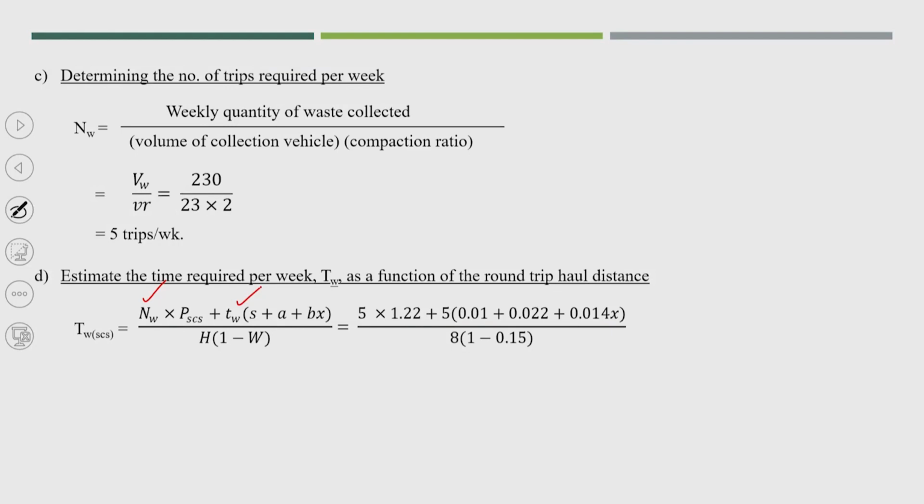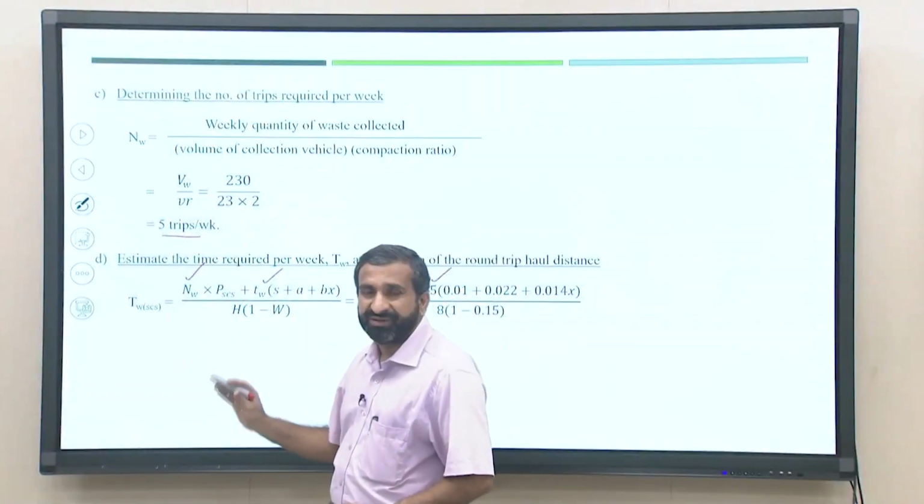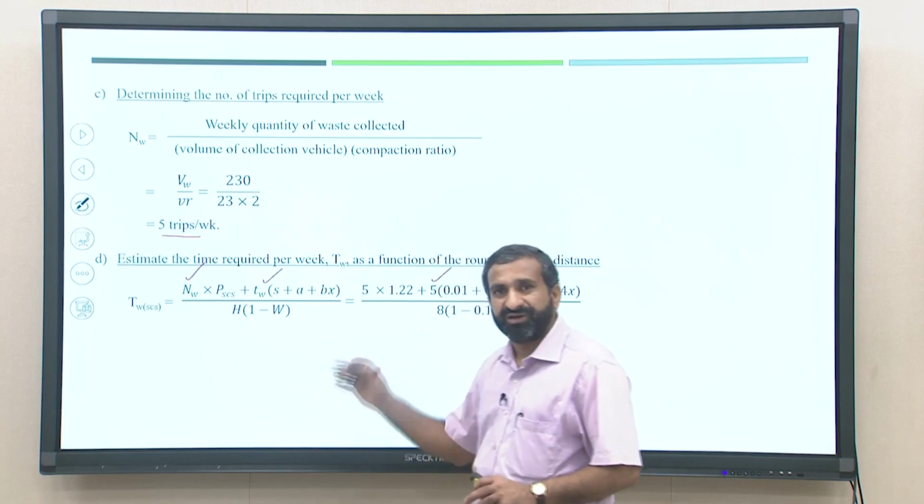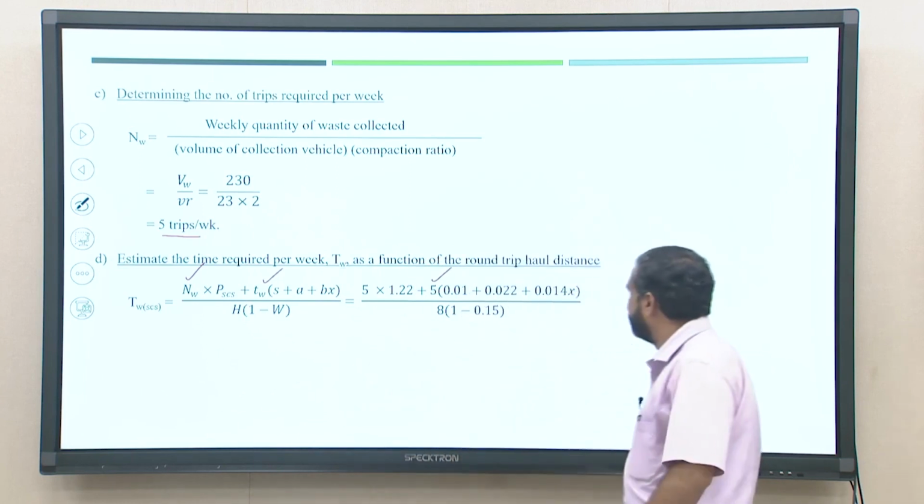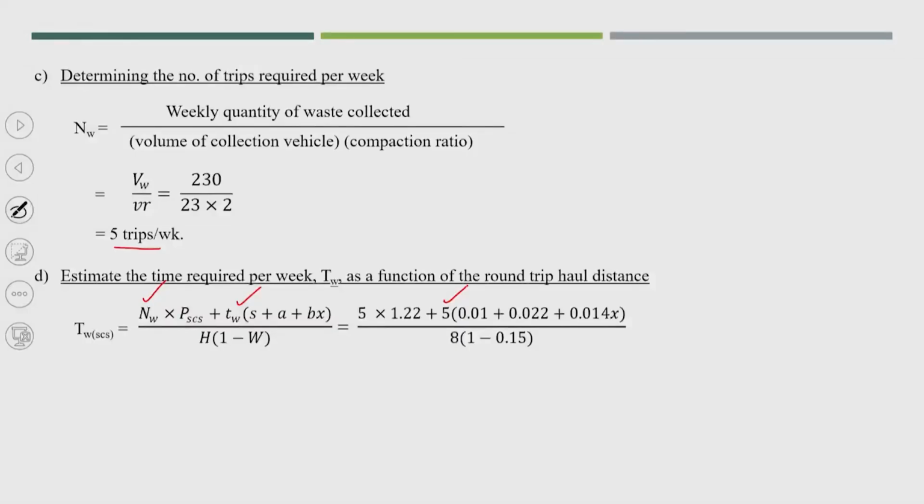Here NW is coming 5 trips, so we assume 5 is the round off value. If this value comes to be 5.2, we will round off to 5. If it is coming 5.8, we will round off to 6. Once we put in all the data, we get this equation: 0.92 plus 0.01 x days per week.